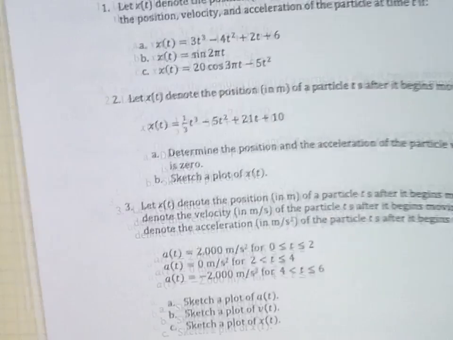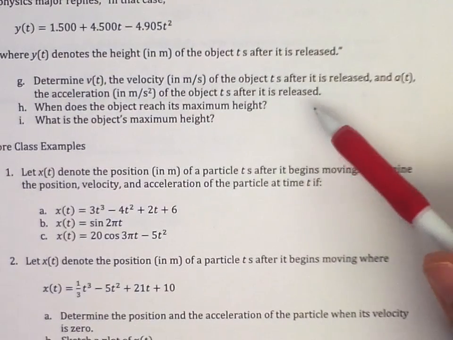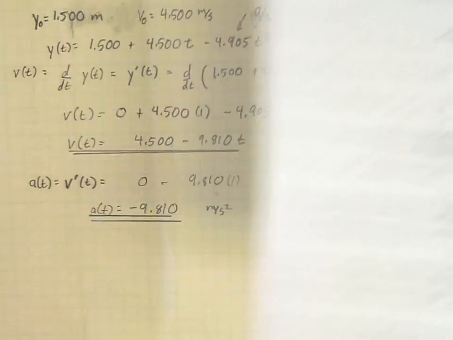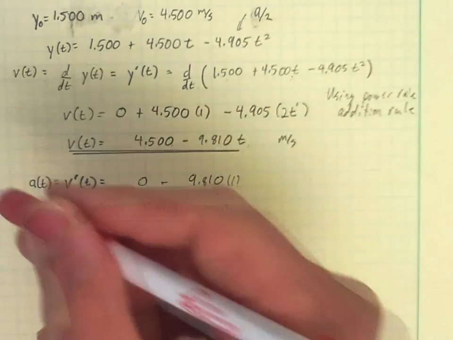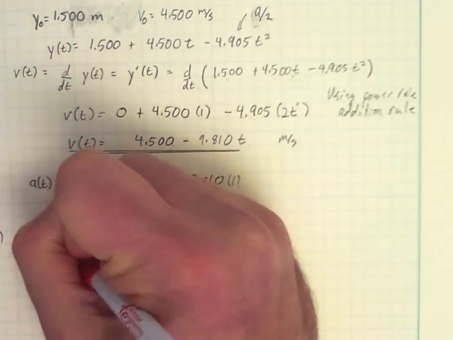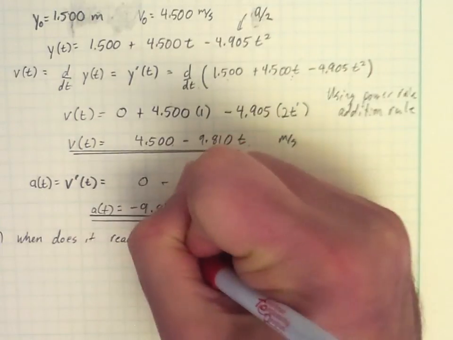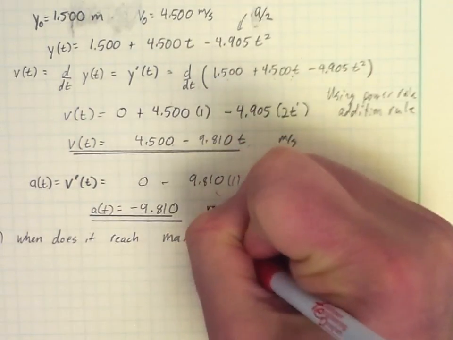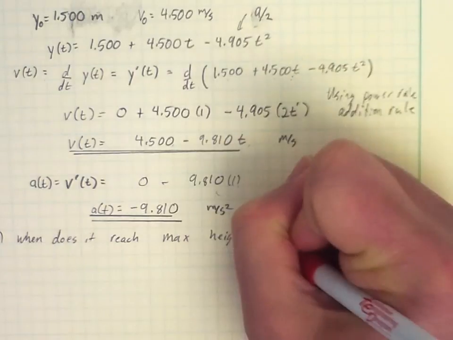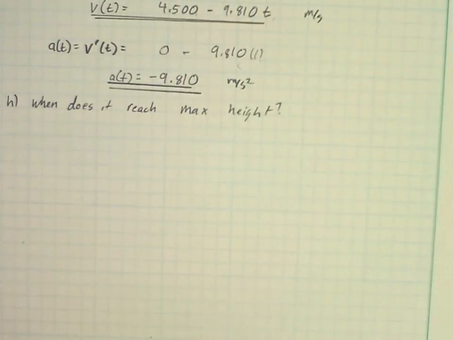Part H, find it on the page here, it says when does it reach its maximum height? So let's think about this and sketch it real quick. We're throwing this ball up in the air.